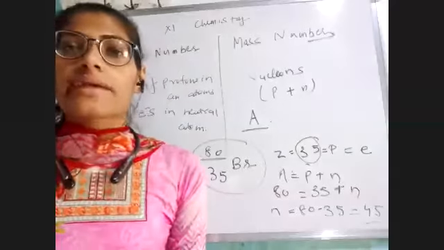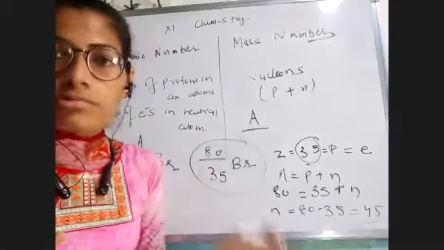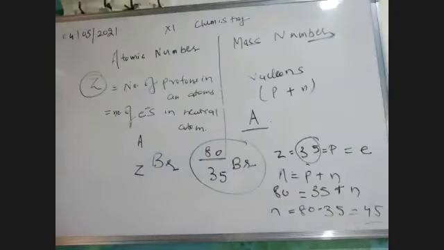Okay, all right. Now we are going to move to our next topic, which is also based on electrons, protons, and neutrons. That is isotopes and isobars. What are isotopes and isobars?